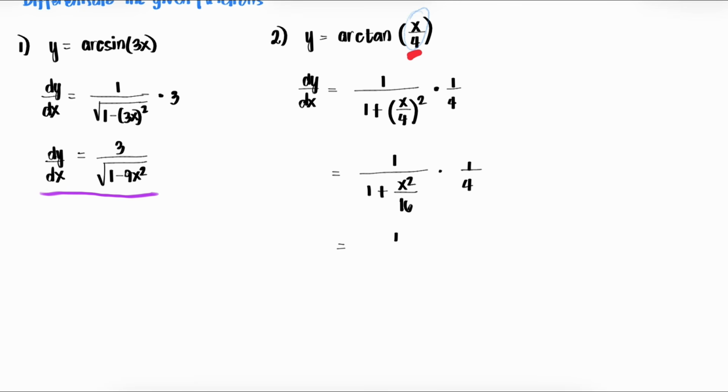So this is 1 divided by, we're going to be multiplying this 4 here to each term in the denominator. So 4 plus x squared over 4.